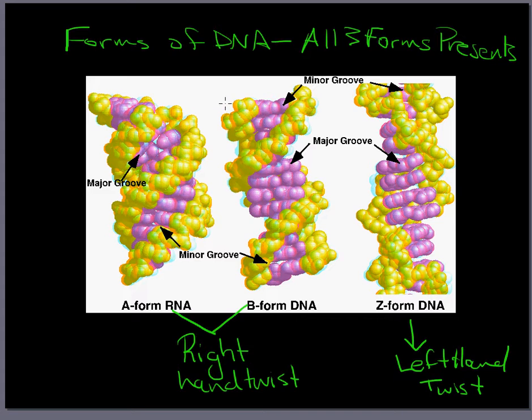You have these spaces in here that are very large. Big space in here, called the major groove. And then you have these spaces that are over here called minor grooves. Okay, over here, minor grooves. What I want you to understand is that they all serve a purpose.